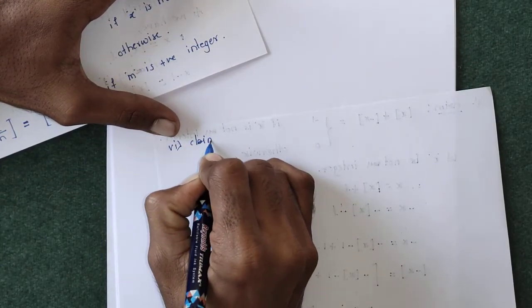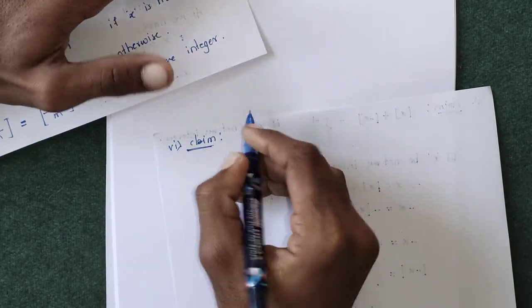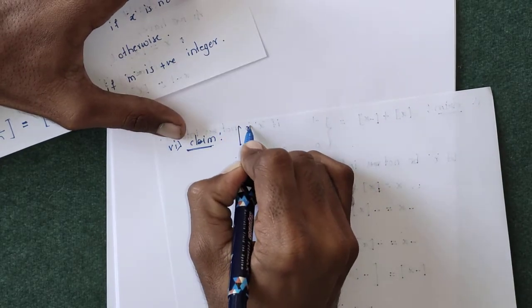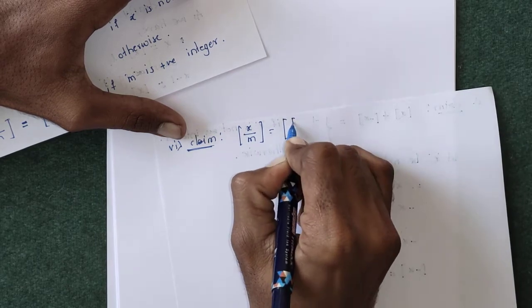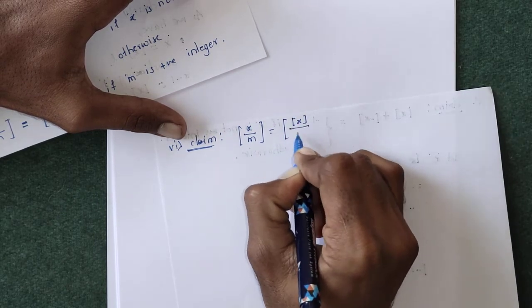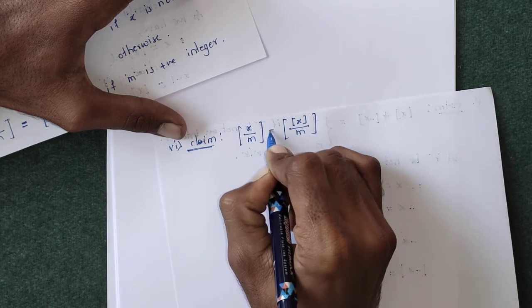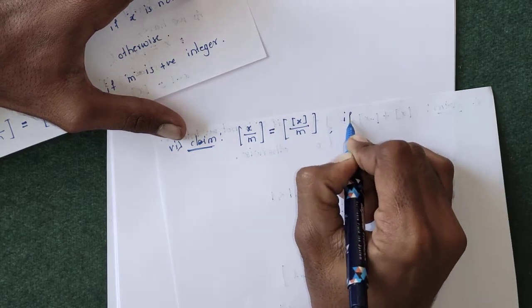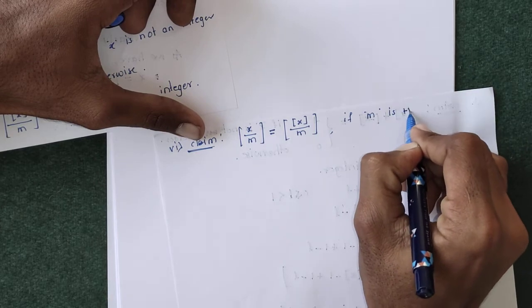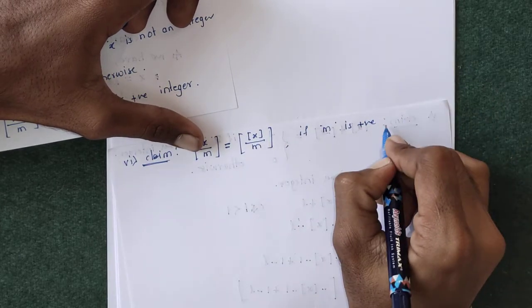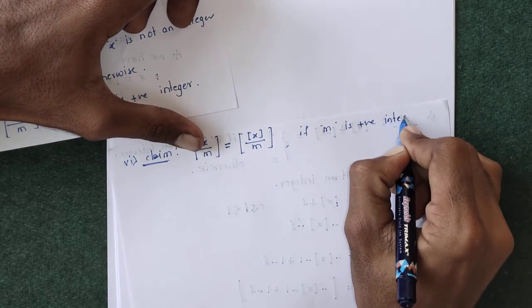The sixth claim is integral part of x by m is equal to integral part of integral part of x by m, if m is a positive integer.